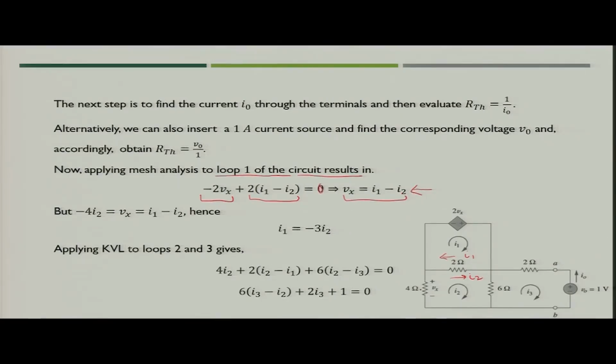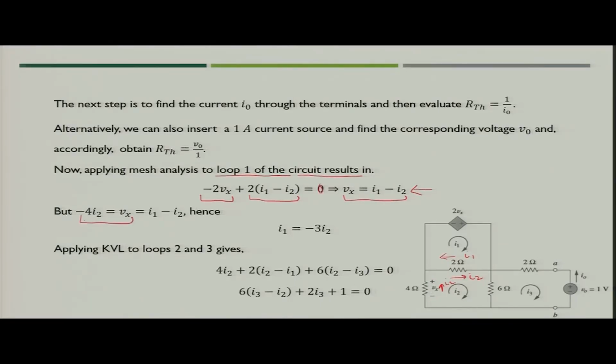Now, if you see this particular mesh, you will come to know the voltage drop across 4 ohm resistance is nothing but 4 ohm into current I2. Now, since the direction of current is opposite of the polarity of the voltage, so what will happen?